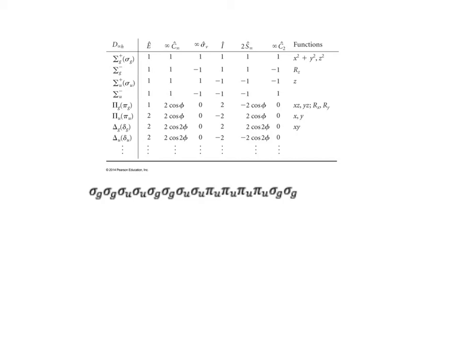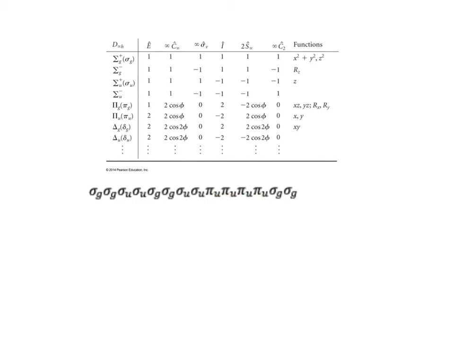So if we take a direct product of a sigma u and a sigma u, all of these negative signs will become positive, and so that direct product will be completely symmetric and will equal the sigma g. Sigma g times sigma g just gives us sigma g. So all of these, as long as we have 2 sigma u's, are just going to give us sigma g.